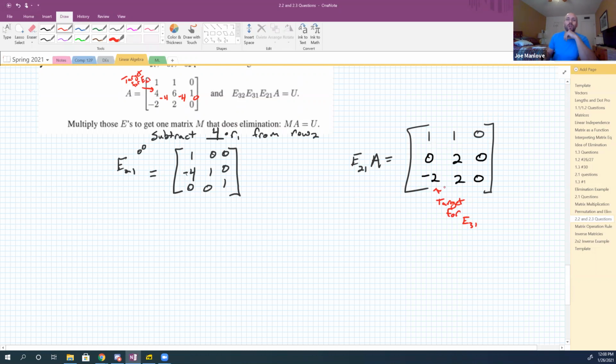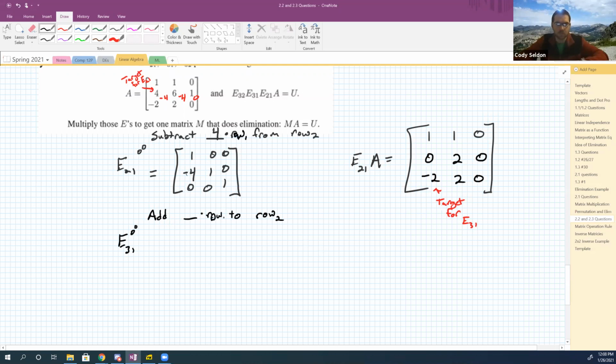Okay, so what do you add to minus 2 to get 0? Two. Good. I need to add 2 to this. Where do I get 2 from 1?